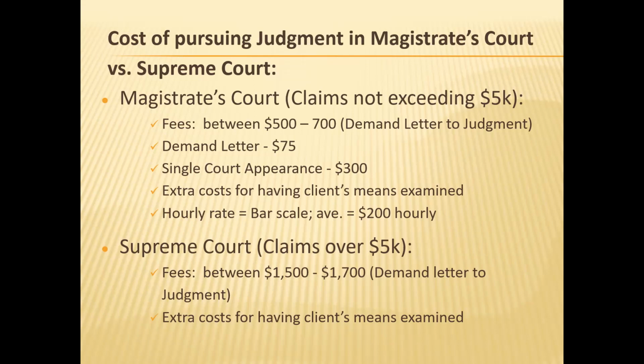Issuing a demand letter, $75. Single court appearance, $300. Extra costs for having the client's means examined. The hourly rate depends on the bar scale, and normally you wouldn't find your QCs going to the Magistrates Court, so you'll find few senior lawyers, but more your junior lawyers, because the hourly fee would be prohibitive for the bank.